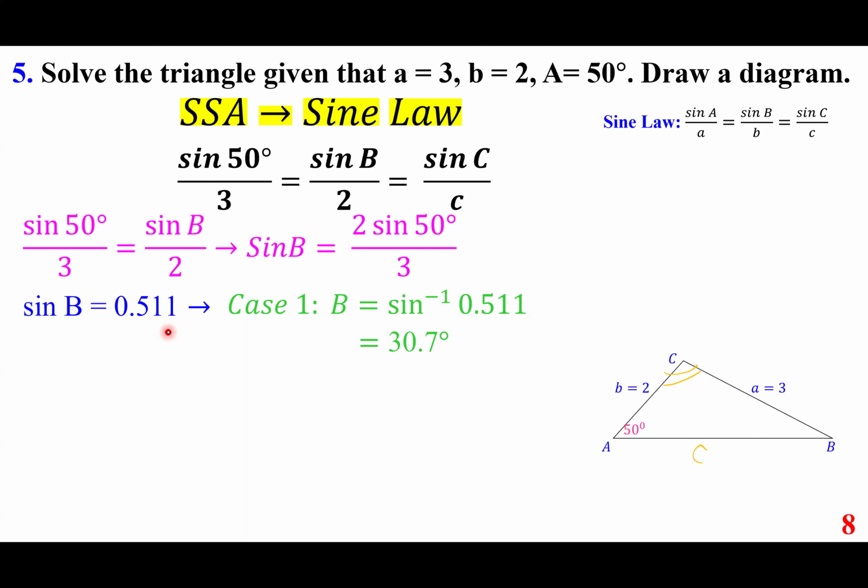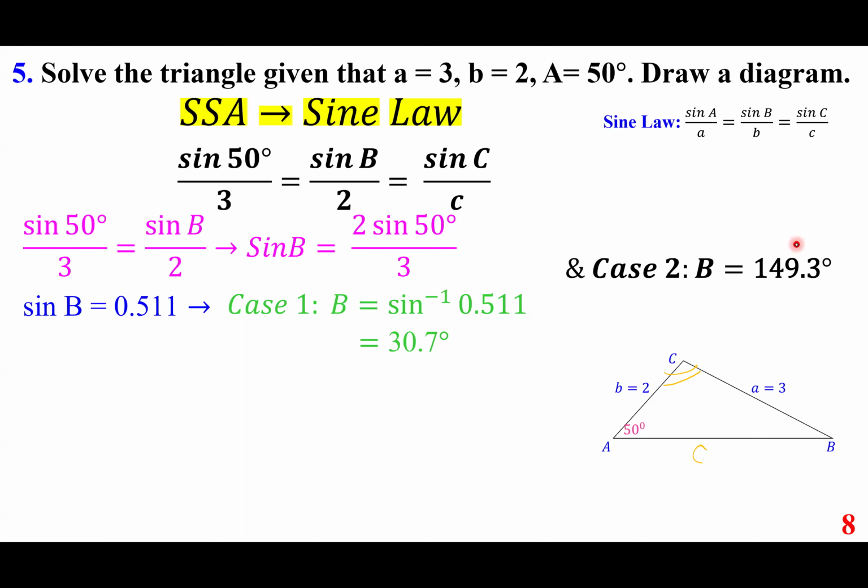Remember, there are two answers again. In the first and the second quadrant, sine has a positive value. Therefore, subtract this from 180. You get almost 150, or 149.3. This would be case 2 if the sum of angles works. For it to work, the sum of these two, A is given, and this one, must be less than 180, not even equal to 180.